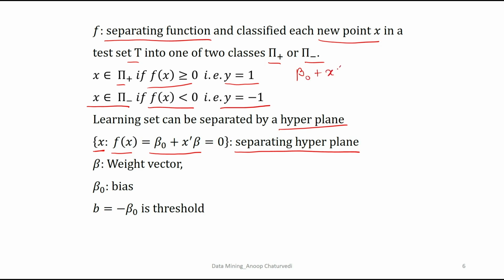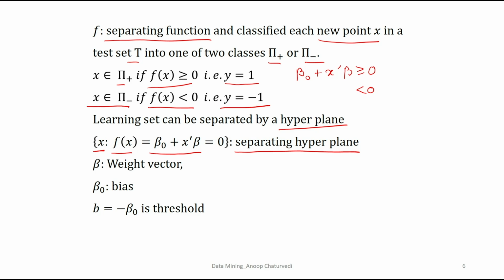So, if beta naught plus x transpose beta is greater than or equal to 0, then we take y equal to 1, or we classify the observation as coming from pi plus. And when this is less than 0, we classify the observation x as coming from pi minus, that is, y is equal to -1.